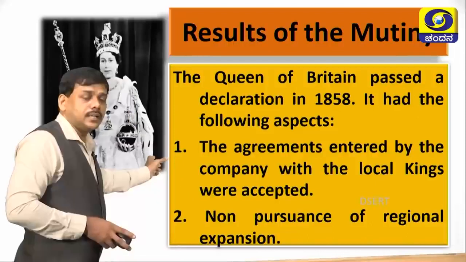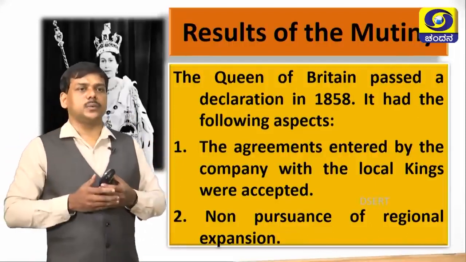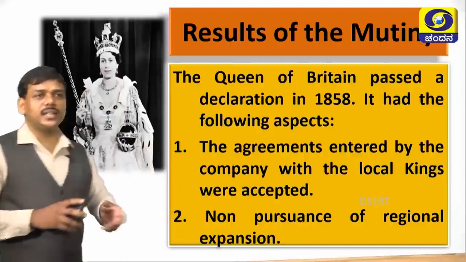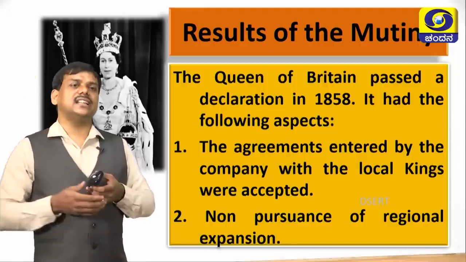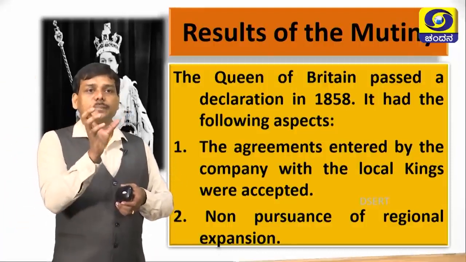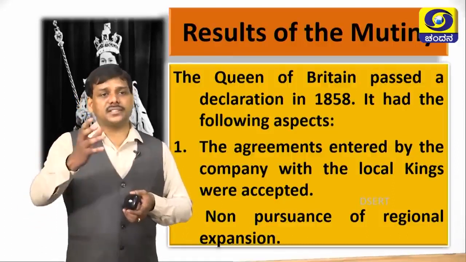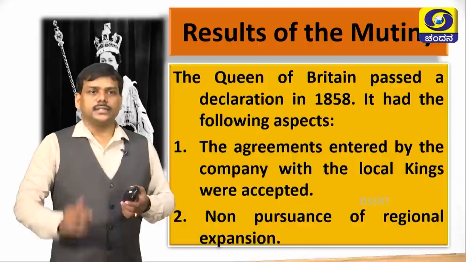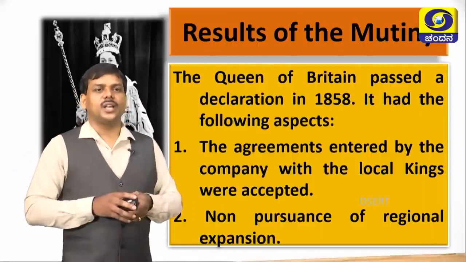And also in the year 1858, the Queen of Britain, she was called Queen Victoria. Here you can see Queen Victoria. She passed a declaration in the year 1858. And what were the main aspects in the declaration of Queen Victoria? Let us see those aspects. The agreements entered by the company with the local kings were accepted.